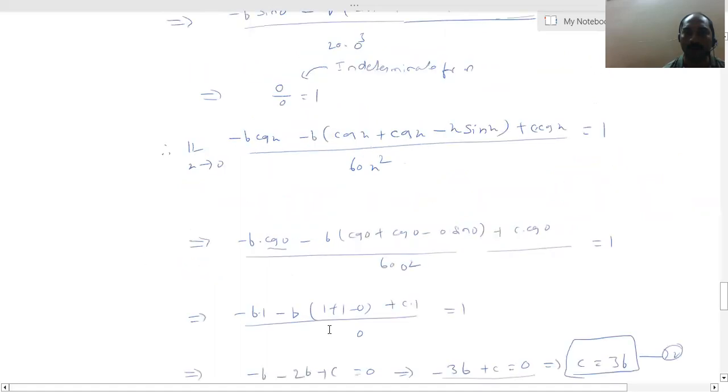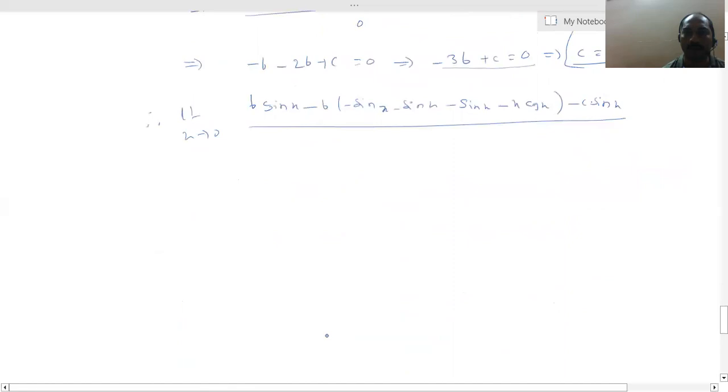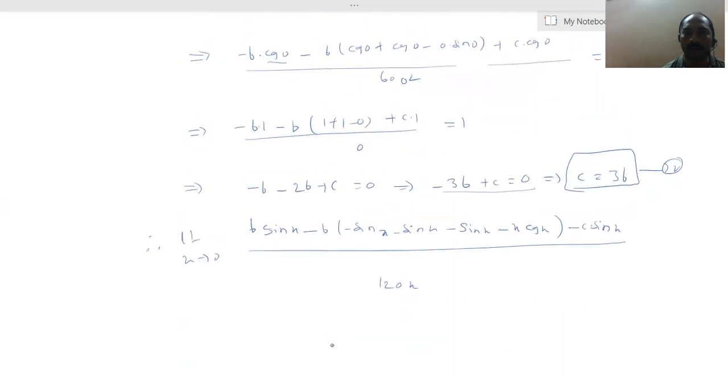Last term plus c cos x becomes minus c sin x, over 60 into x square. This derivative becomes 60 into 2 into x, that means 120x, equal to 1.